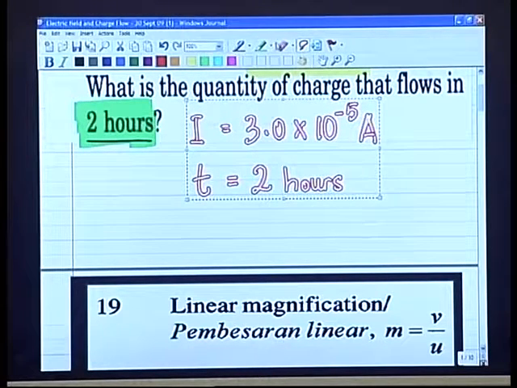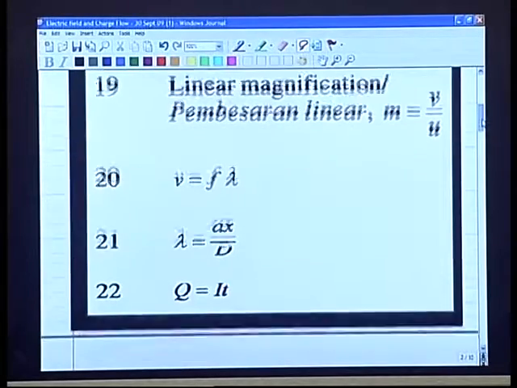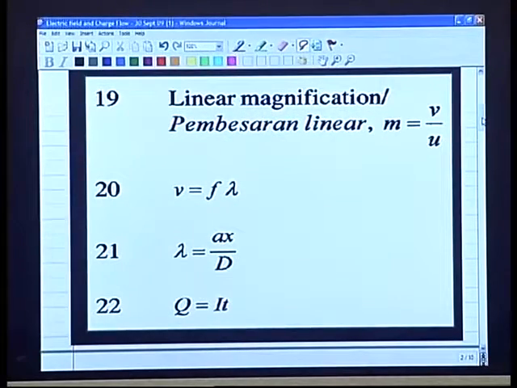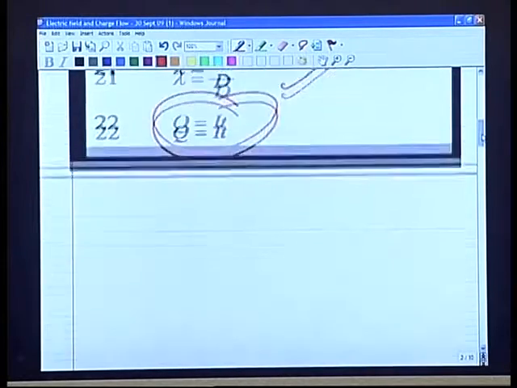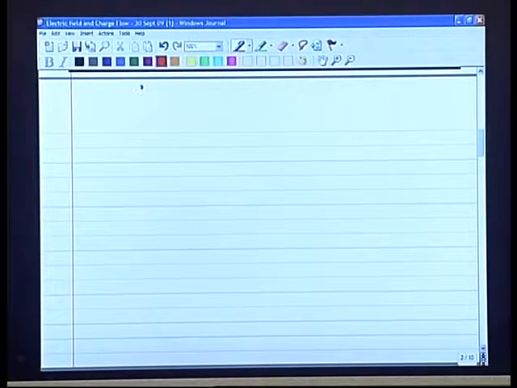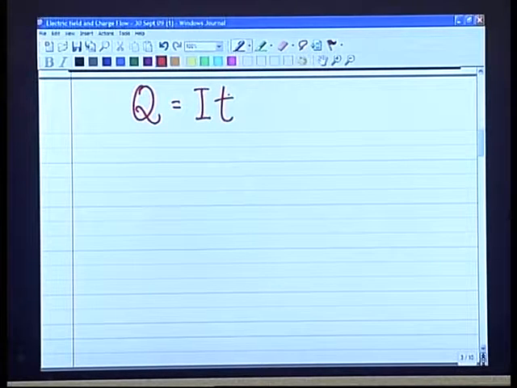Now let's take a look at the equations given. Automatically you can tell me that equation number 22 looks good. All right. So we are going to use Q equals IT for our answer.